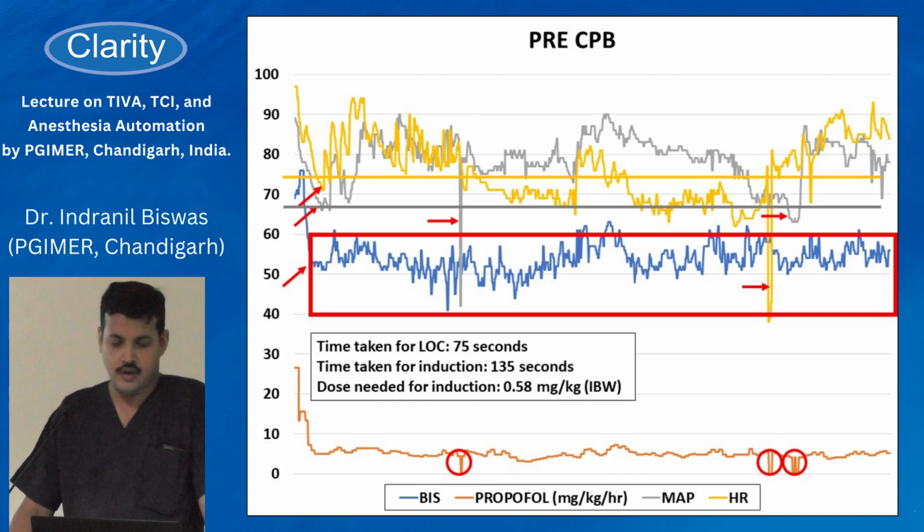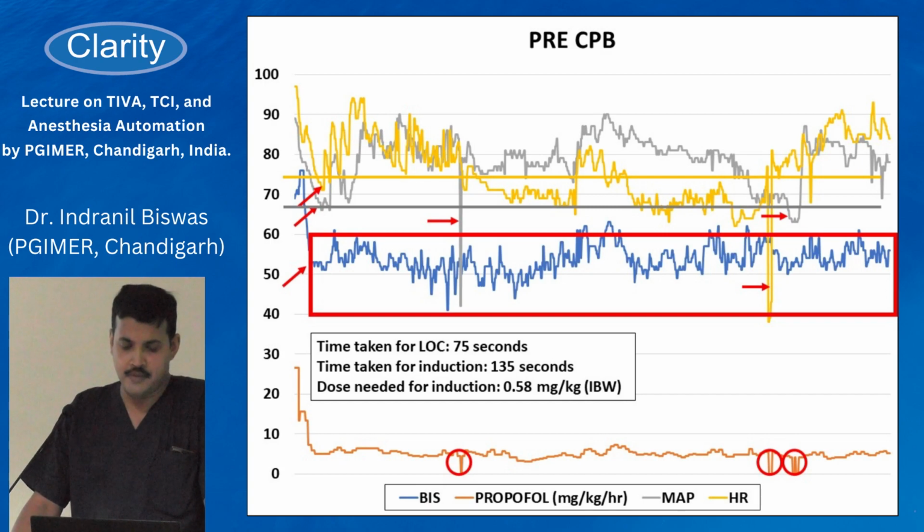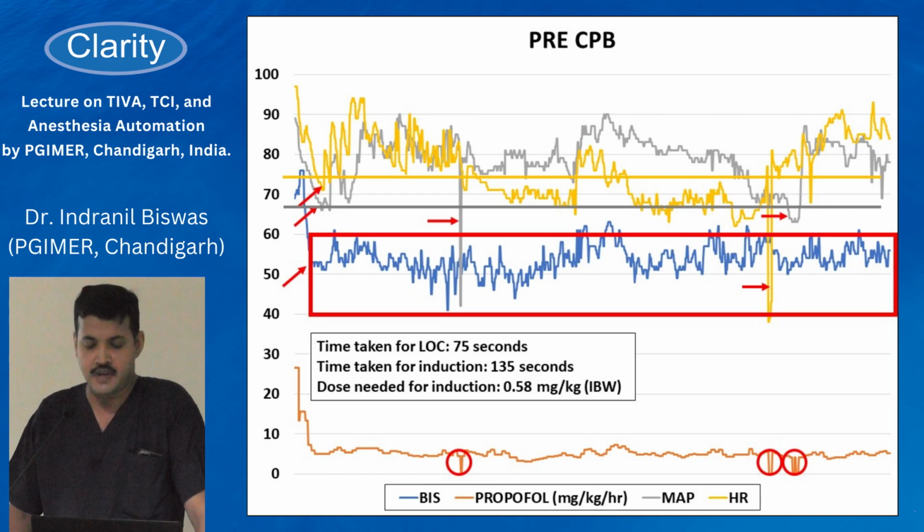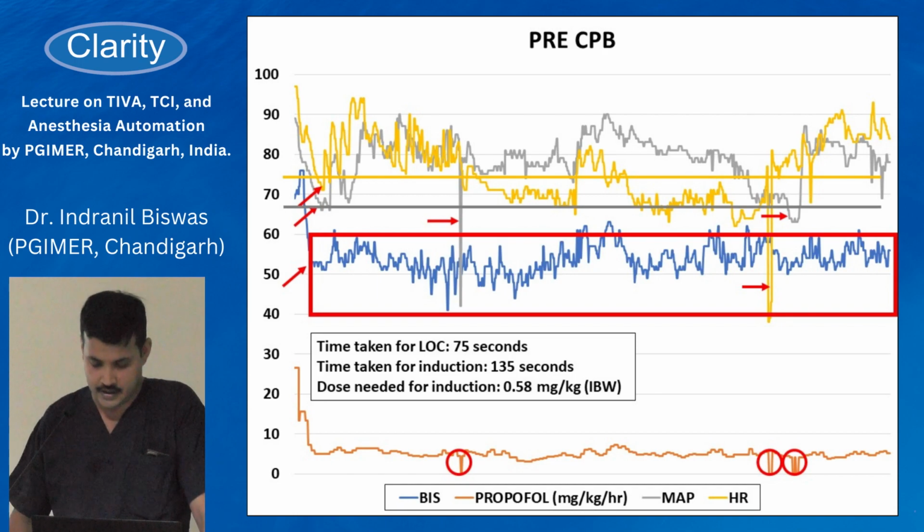Talking about the induction, the time taken for loss of consciousness was 75 seconds in this patient. Induction is defined in CLADS as 2 consecutive values within target range for the first time after starting the infusion. The time taken for induction was 135 seconds and the dose needed for induction was only 0.58 milligram per kg of ideal body weight of the patient.